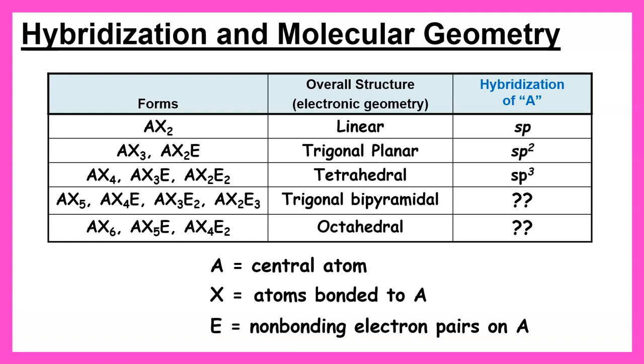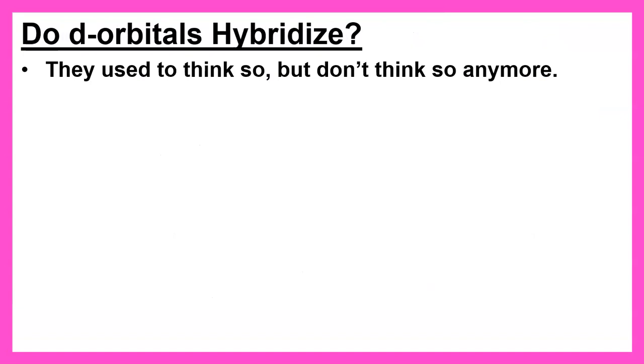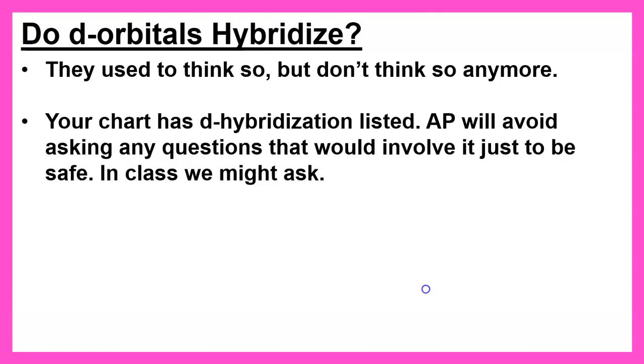However, there is one complicating factor in the last few years. They no longer think that d orbitals hybridize like they used to. Now, the Vesper chart, we left it on because a lot of older questions still have it. I'm always afraid that, like, oh, what if you come across one we missed? What if in 10 years they decide, oh, just kidding, it actually does?